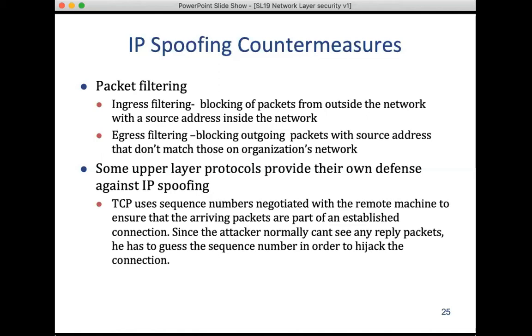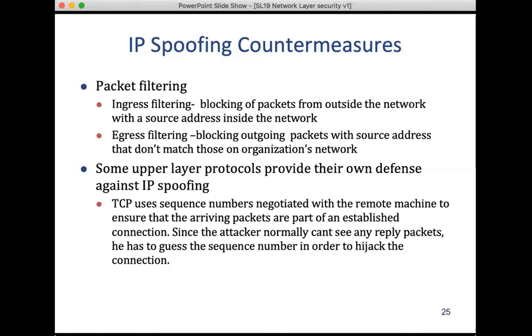There is a subnet, and the packet is coming from outside, and it has an IP source address that is from inside the network. Okay. It means that a firewall can look at the source address of the incoming packet and find out that the source address is that of a machine that's inside. Essentially, it means that there is some kind of fraud.